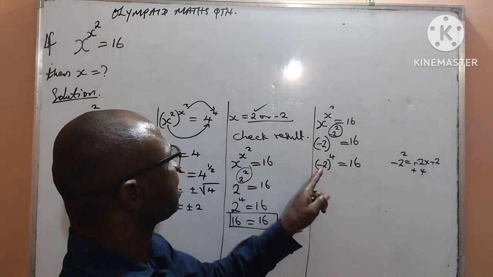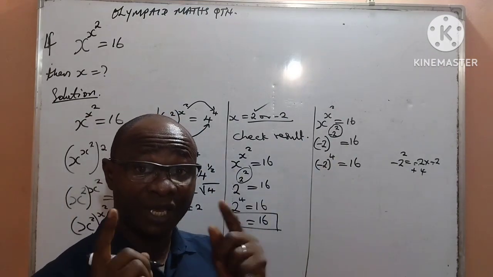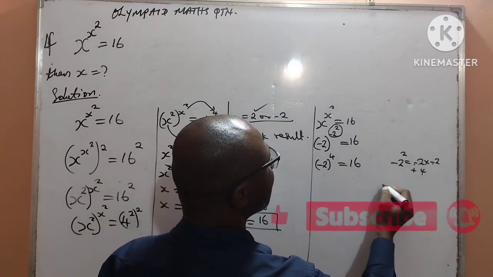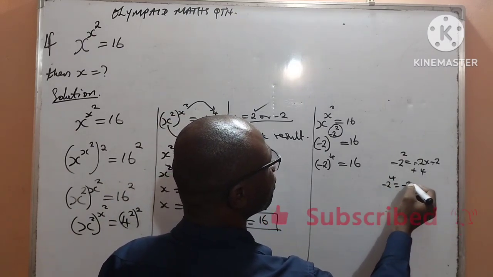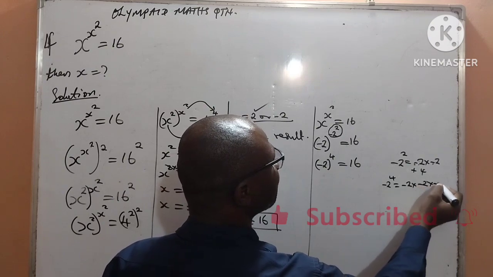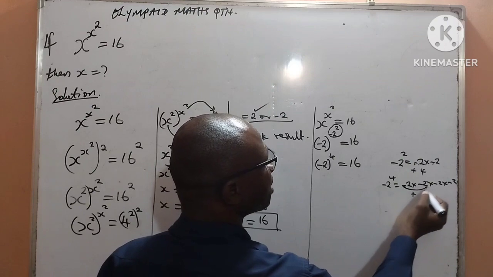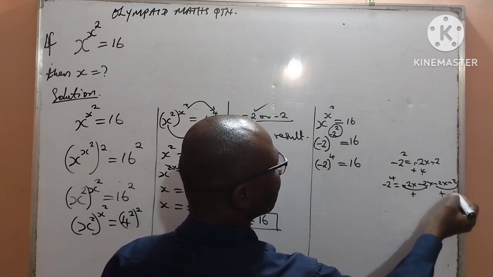Like I said, a negative number raised to power even number will give us a positive number. So this means that minus 2 raised to power 4 is equal to minus 2 times minus 2 times minus 2 times minus 2. Minus times minus will give us plus, and the minus times minus here will give us plus.